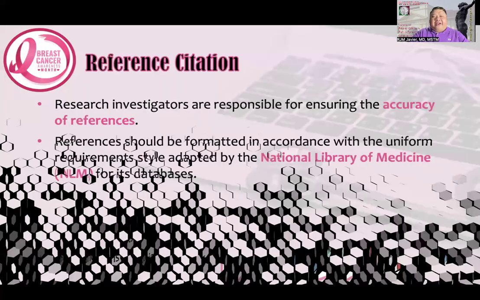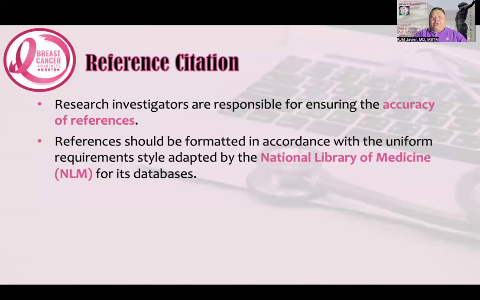With regard to reference citation, we hope that you will continue to follow the National Library of Medicine style of citing for your literature review. Make sure that when you cite, it's really credible. There are faculty members who really visit whatever you cite. We click on the site and we try to see if what you are citing is actually true.